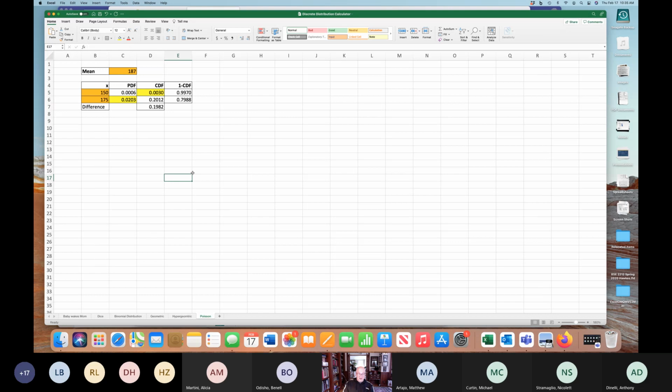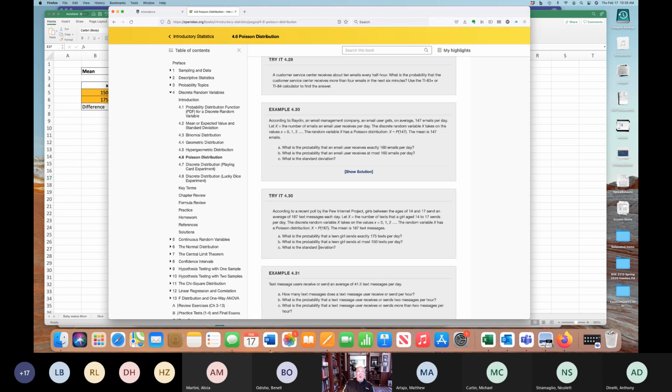So you can calculate everything you want. What did they ask in the question? What is the standard deviation? I don't know. What is the mean and standard deviation of the Poisson distribution?